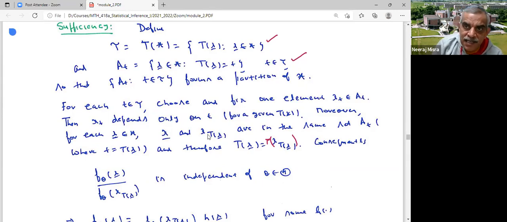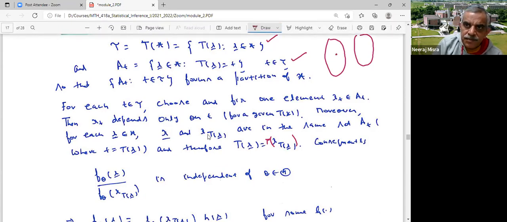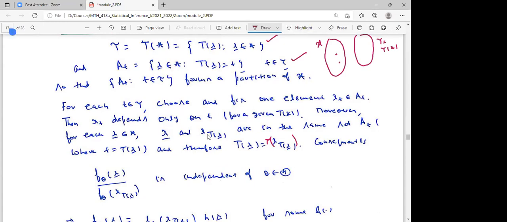It is like this. Suppose a point was x, this is the sample space, and this is tau. There are two points.